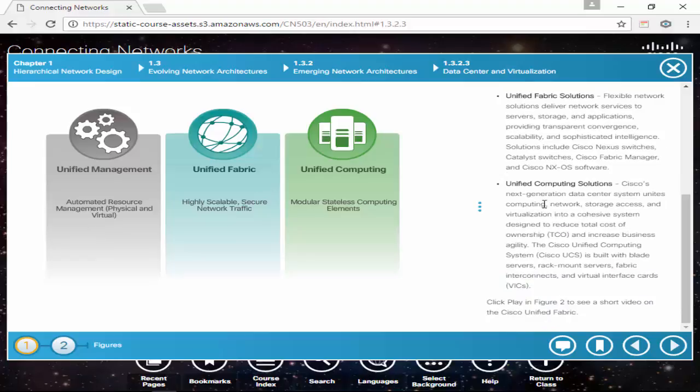Unified computing, Cisco's next generation data center system, unites computing, network, storage access, and virtualization into a cohesive system designed to reduce total cost of ownership and increase business agility. The Cisco Unified Computing System, Cisco UCS, is built with blade servers, rack mount servers, fabric interconnects, and virtual interfaces.